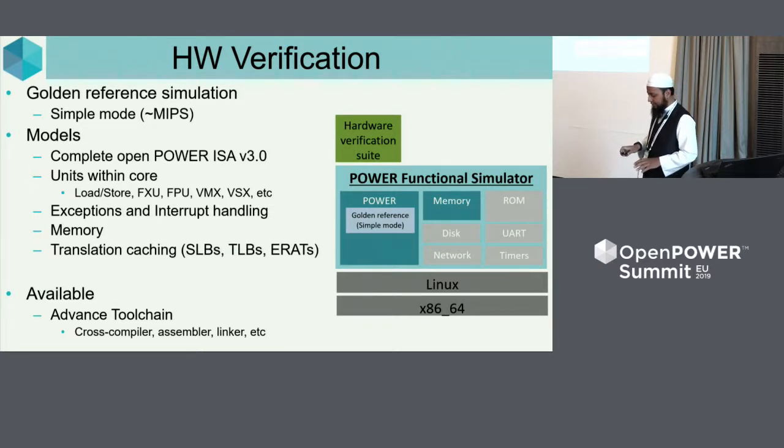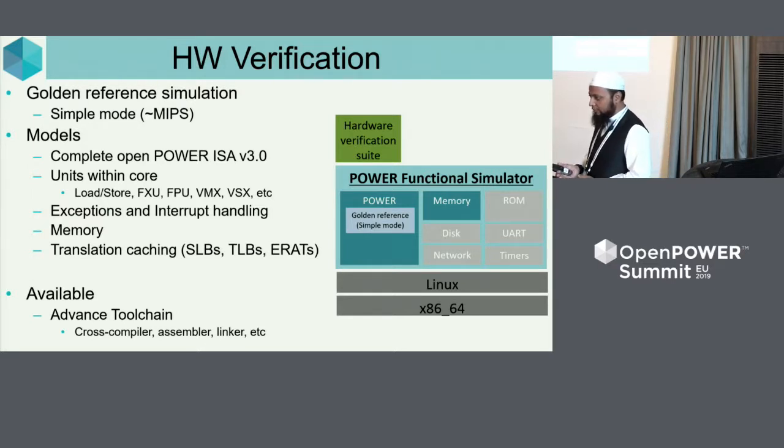All the instructions are available, as well as all the units within the core, the load store unit, the floating point unit, the vector unit, all those different kinds of units that have to be verified by this verification suite, and those complex interactions inside the core.